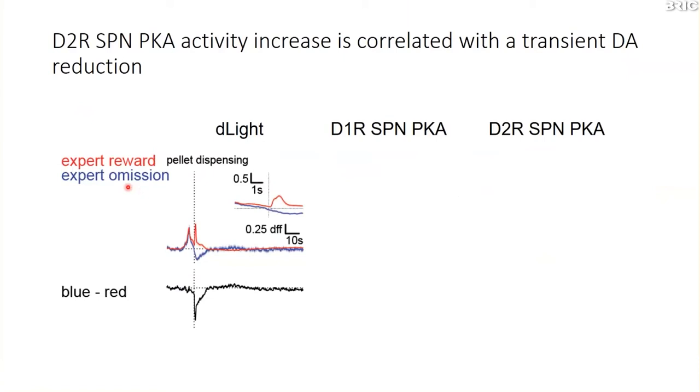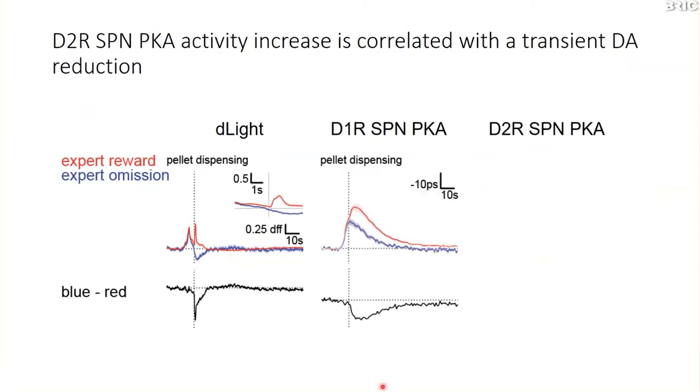Consistent with the results in the failure trials, the reward omission resulted in marked reduction in dopamine release. Also, for the D1 receptor SPNs, there was a smaller activation of PKA activity, which is consistent with the lack of the second peak of dopamine induced by the reward. Due to slow kinetics of the lifetime change, it is still difficult to say whether this actual dip in dopamine has an additional effect on D1 receptor SPN PKA activity just from this graph.